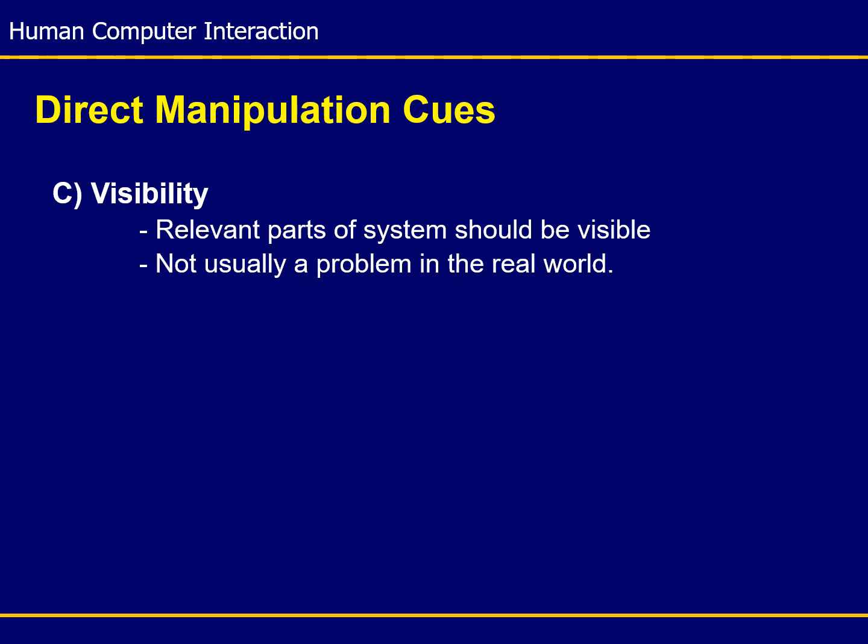Okay? So it is very important that whatever the user does, the effect of his changes is visible to him, and the status of the system is visible to him. Okay? What that means is anything that happens that the user needs to be made aware of, he should be made aware of right away.